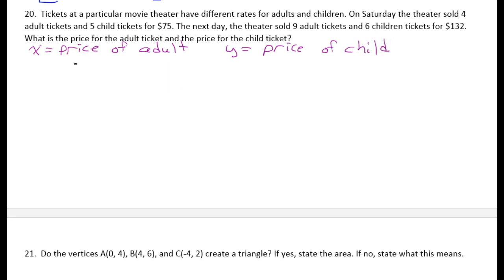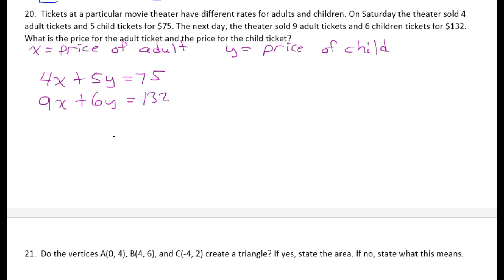Okay, this is one of those problems where the sentences just write the equations. You don't really even have to think about it. Okay, they sold 4 adult tickets and 5 child tickets for a total of $75. And a different day they sold 9 adult tickets and 6 child tickets for $132.